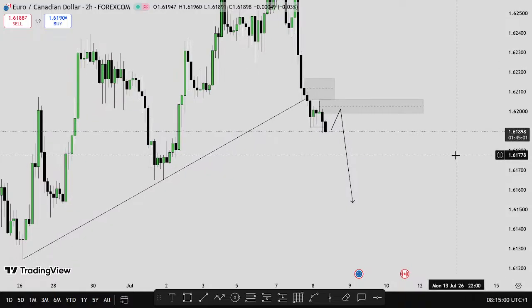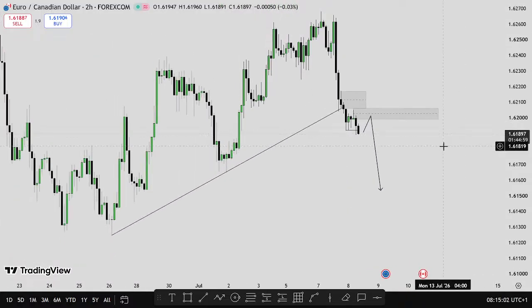But like I said, only based on confirmations. It's only based on confirmation that we're going to be taking the trade on Euro card.